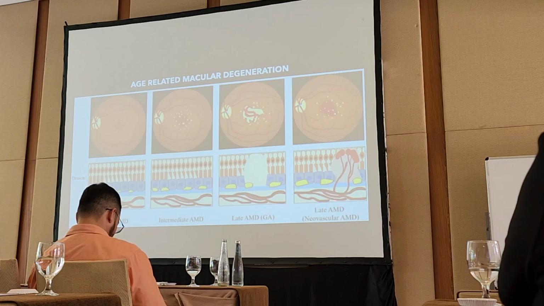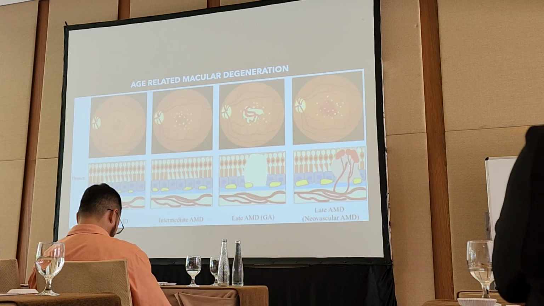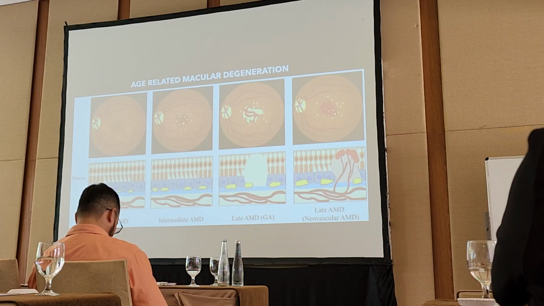So neovascular AMD happens when there's a disruption on the RPE here, and then the choroidal vessels and the inflammatory response and macrophage response give rise to the choroidal neovascularization, which is like creeping out from here to the retina, and then it breaks down and gives a subretinal hemorrhage.